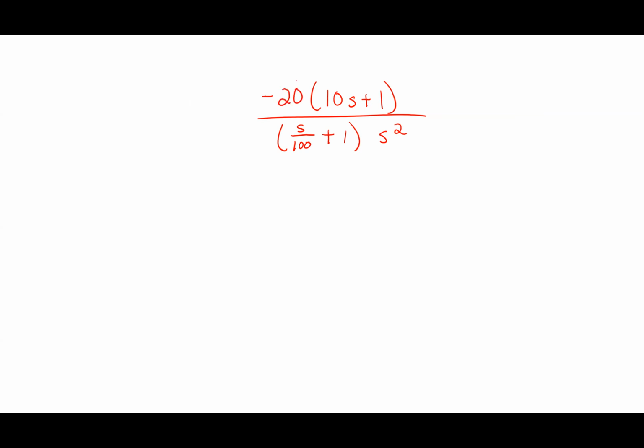How's that? All right. So that's my H of S. Now let's say I want to draw that Bode plot. So let's go through the steps. Step 1 for me was to figure out where my poles and zeros are. So where are my poles and where are my zeros? How many poles do I have?